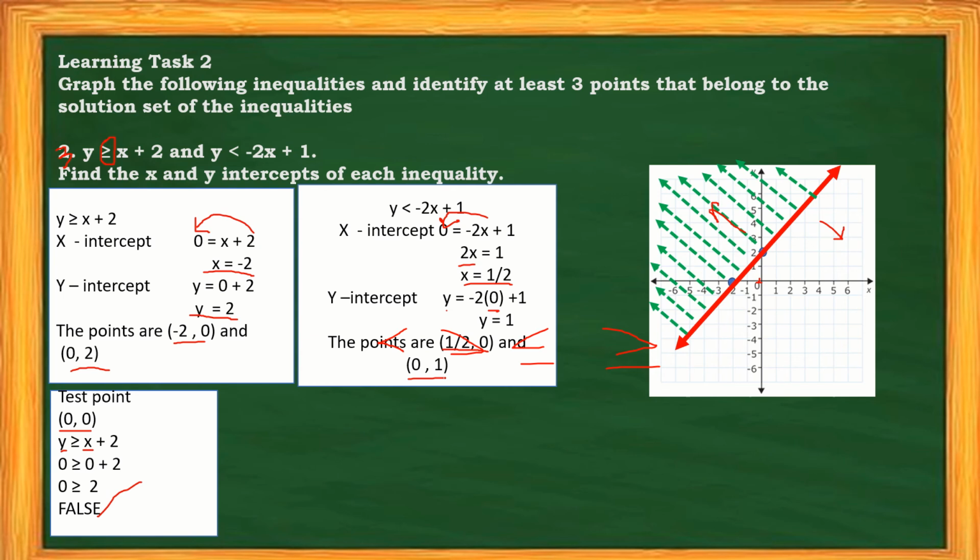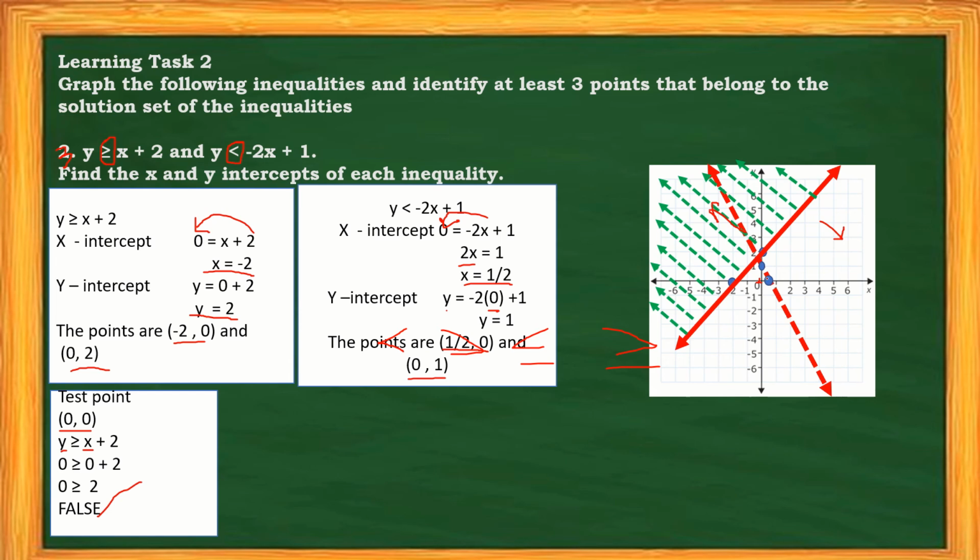Okay, let us plot the points. So, 1 half, 0. Andito siya. Okay, then, we have 0, 1. So, nandito. Okay, then connect the 2 points. So, we use broken line kasi ang symbol natin dito sa pangalawang inequality is less than, walang or equal to.